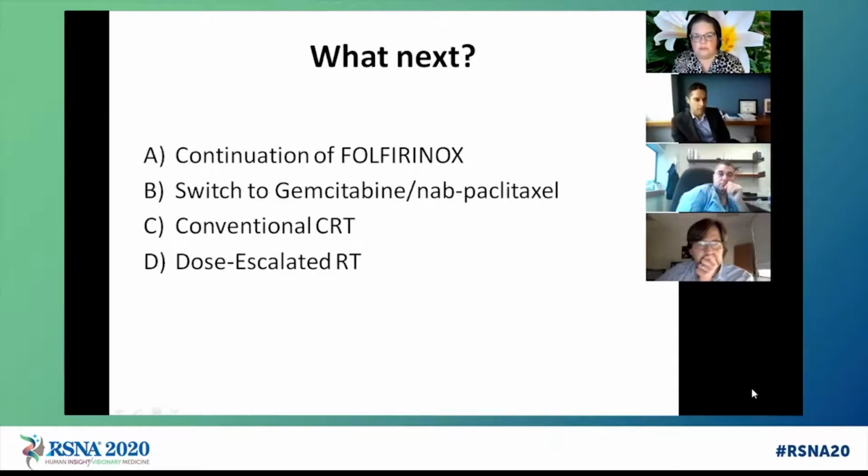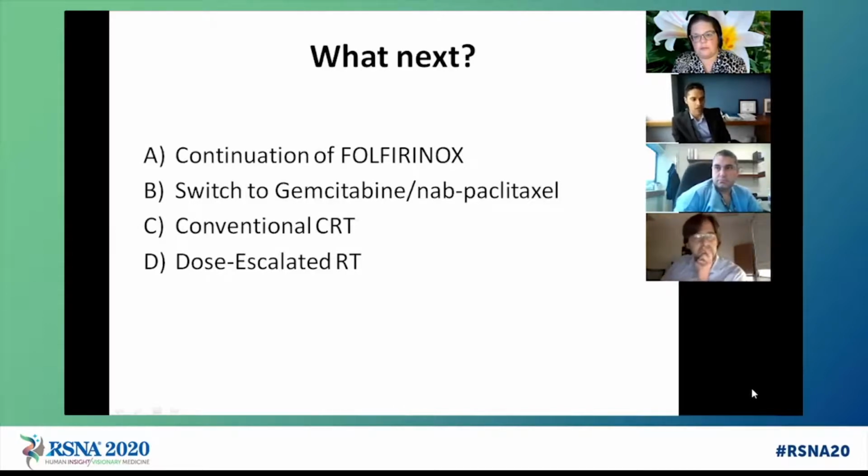There are technical challenges in delivering very high doses next to the bowel, but the advent of some more conventional techniques to accomplish this, or the newer MRI-based LINACs, have opened the door to getting to traditionally very high doses, higher than we would give in prior trials. A lot of times people refer back to LAP-07, saying that we did a randomized trial already with chemoradiation after a run-in period with chemotherapy.